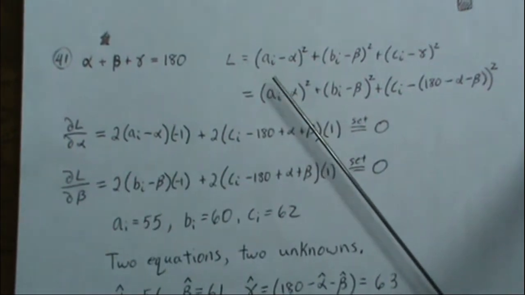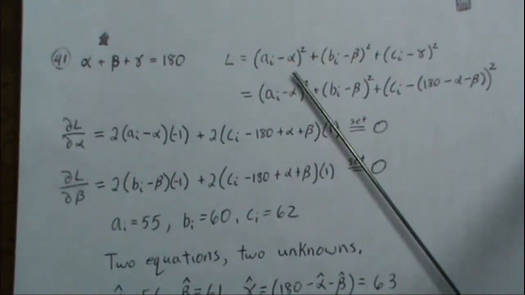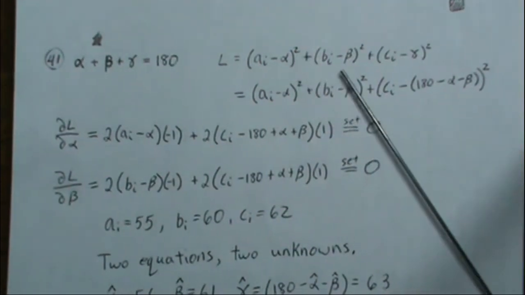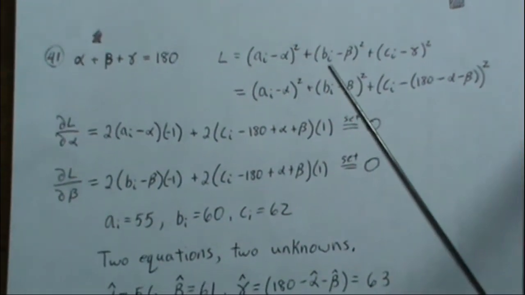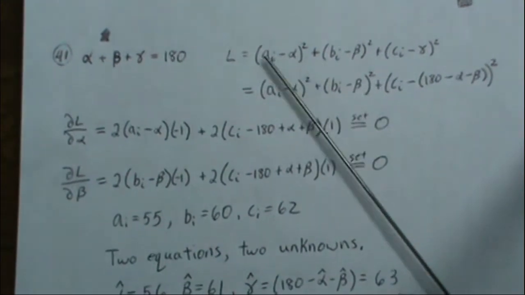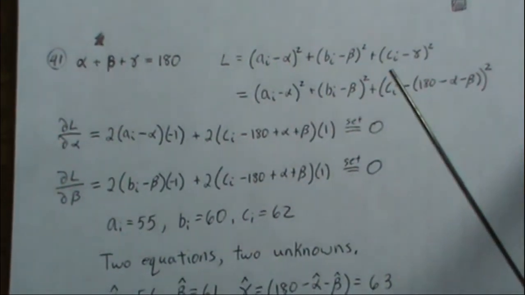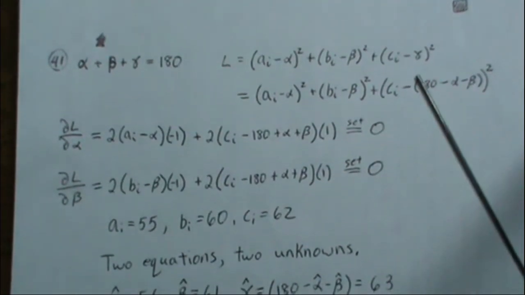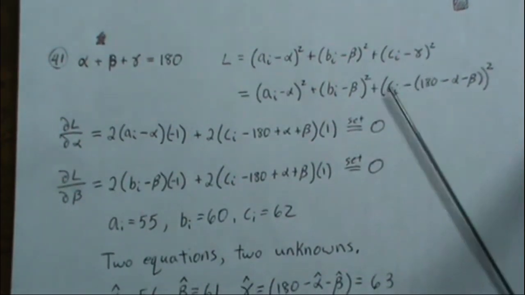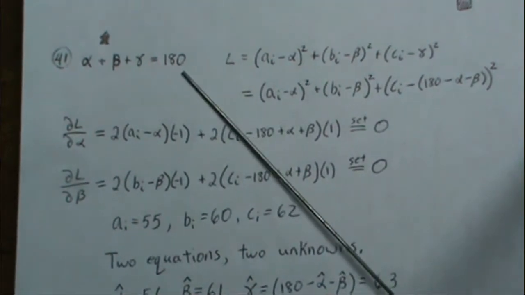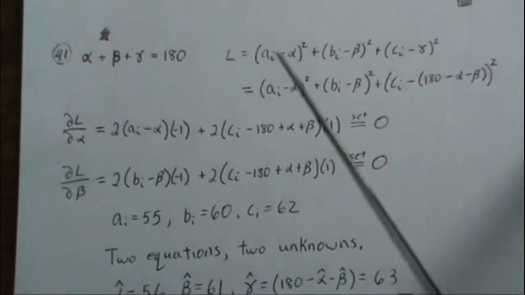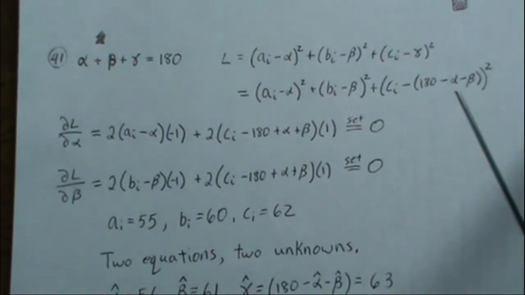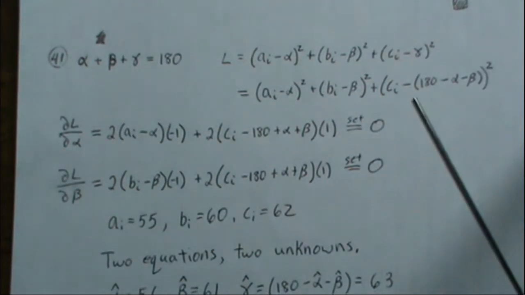So we minimize the squared difference of each estimate minus the true angle, squared. To minimize this, we have to place this restriction in this equation. We do that by letting gamma be 180 minus alpha minus beta.